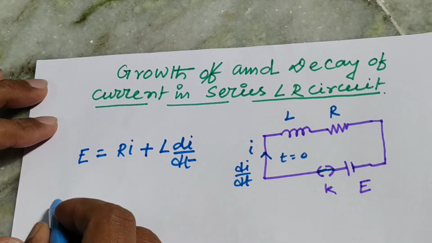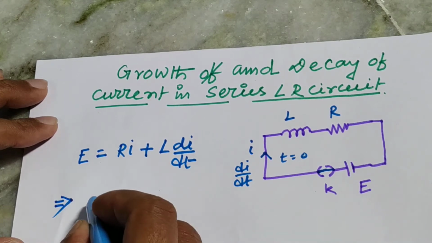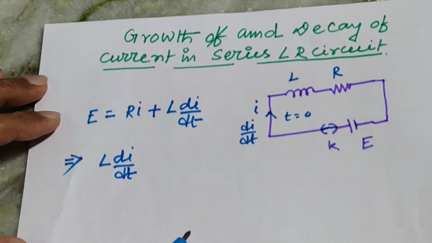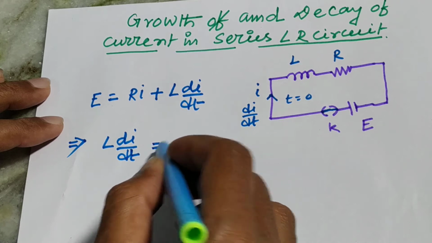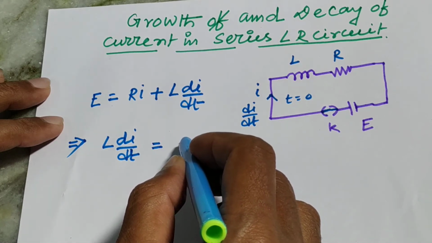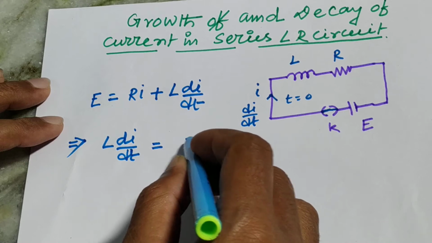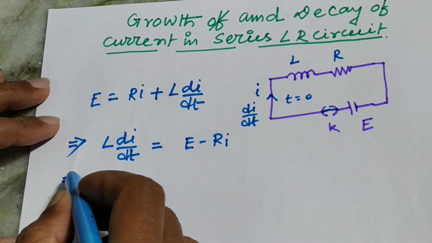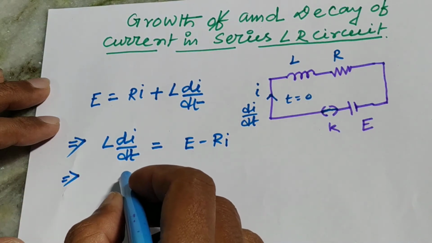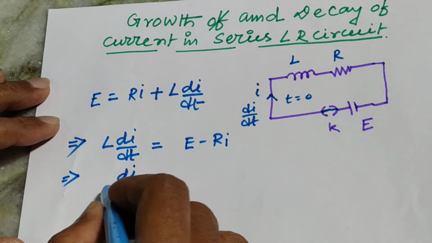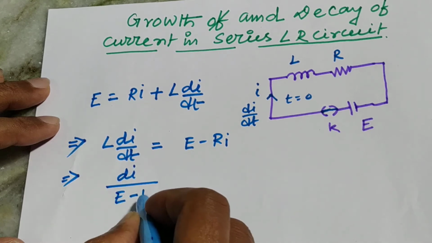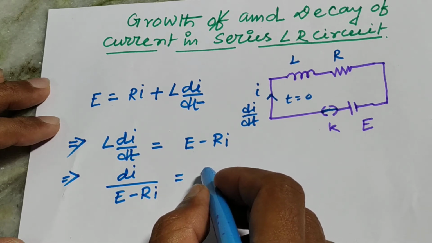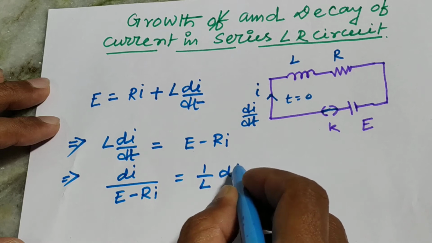Now from this equation we can write L di/dt is equal to E minus R I, or di by (E minus R I) equal to 1 by L dt.